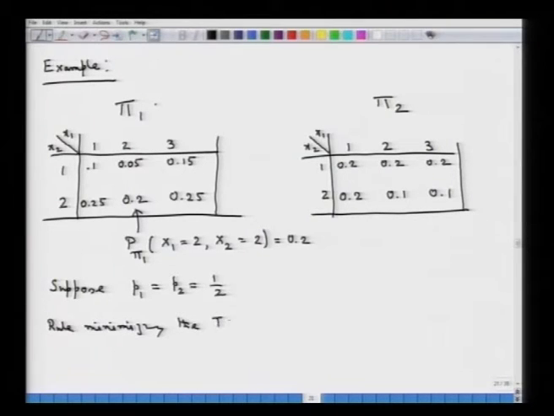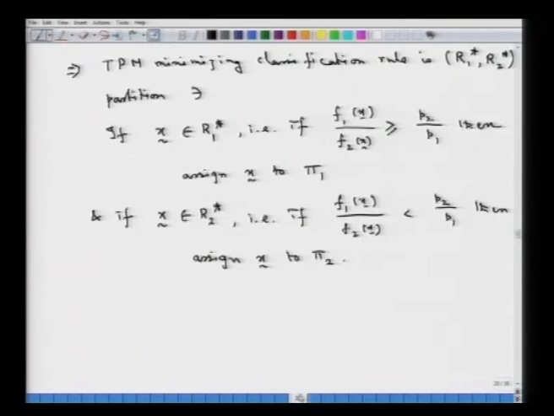Now, in such a situation, the rule minimizing the total probability of misclassification is to assign x to pi 1 if x belongs to the R1 region in the previous notation. So, if x belongs to this R1 star, that is if f1x by f2x is greater than or equal to p2 by p1.